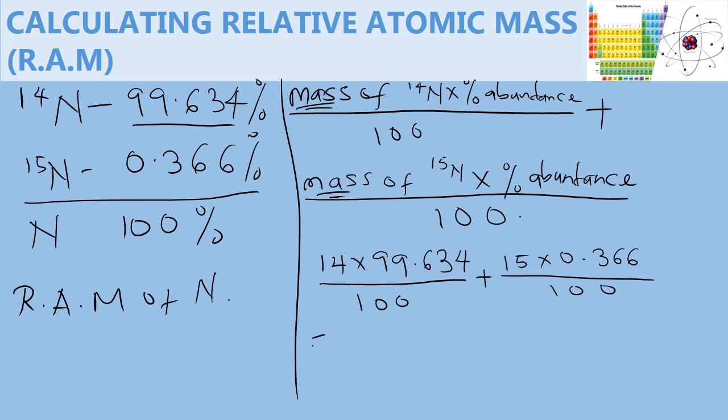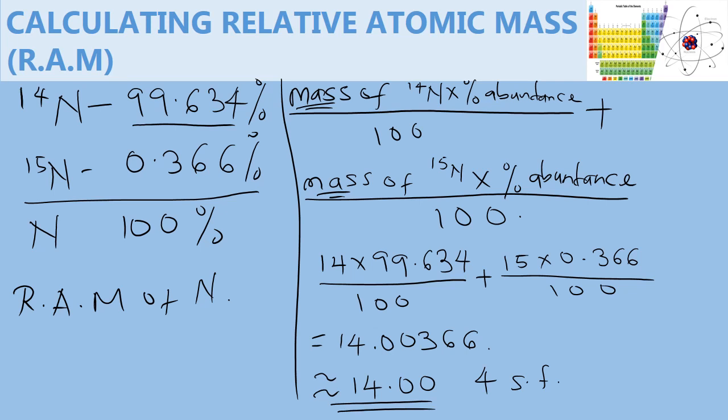When we calculate this, it would give us 14.00366. This figure is approximately 14.00, correct to 4 significant figures. And that is why we say that the relative atomic mass of nitrogen is 14.